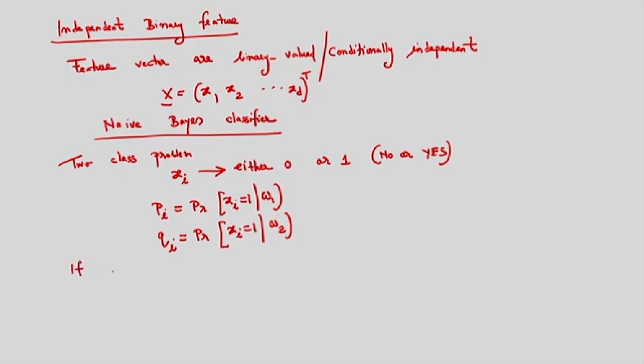So suppose this probability pi is greater than qi. What is the meaning of this?